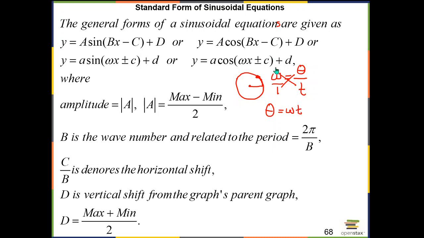So omega is angular velocity. So instead of writing theta here or here, we can just put omega x or omega t. It's like if you go 50 miles per hour for, let's say, 2 hours, then the hours go away, then you have gone 100 miles.